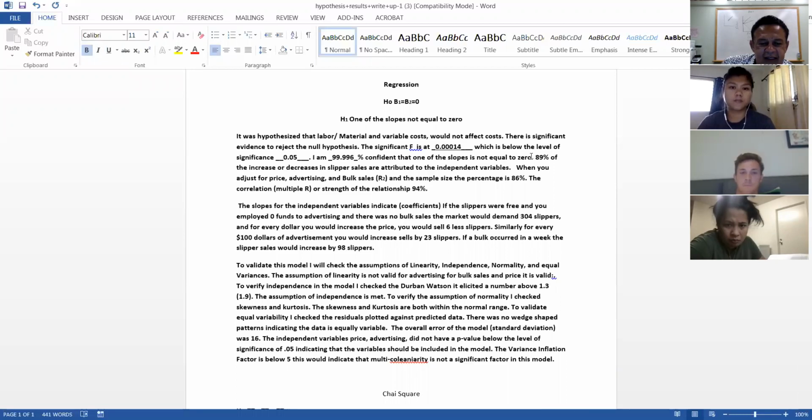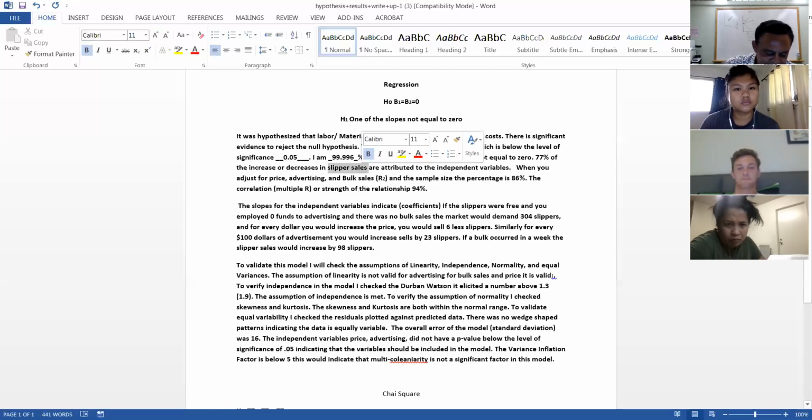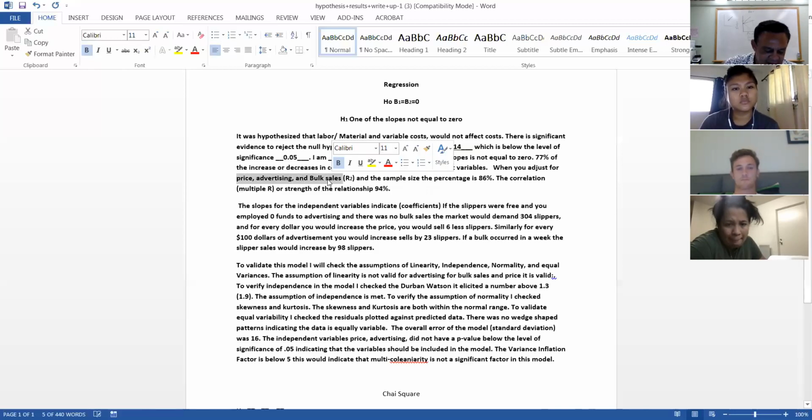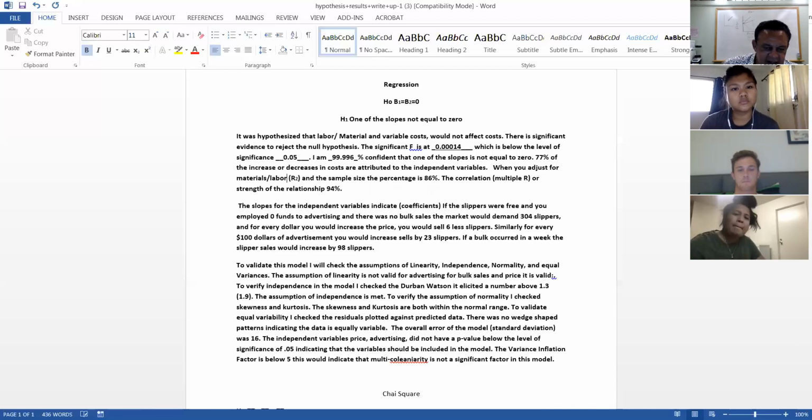So 77% of the increase or decrease in costs are attributed to the independent variables, that would be material and labor and variable costs.